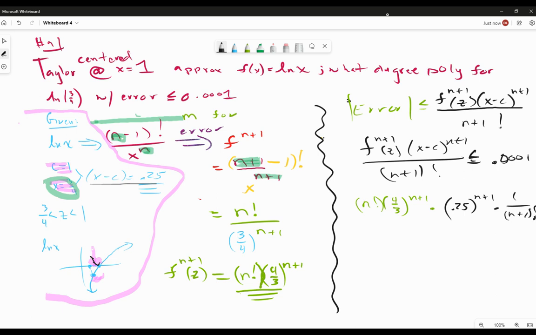At this point, you would start plugging in your n's over and over again and find a value that is less than 1 here. That becomes tedious, because you plug in 1 and calculate the error to see if it's less than 0.001, then you plug in 2, then 3, then 4, then 5.